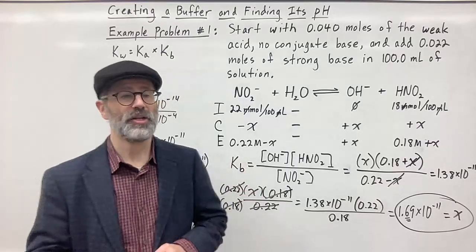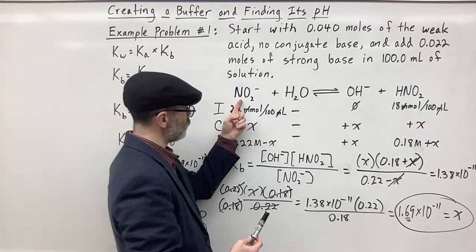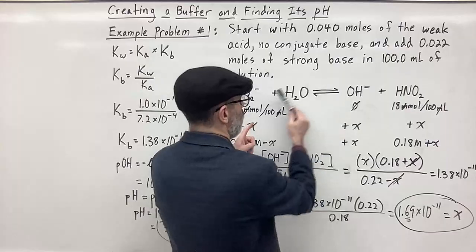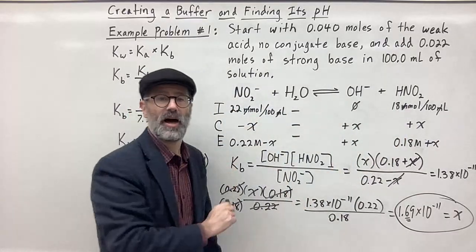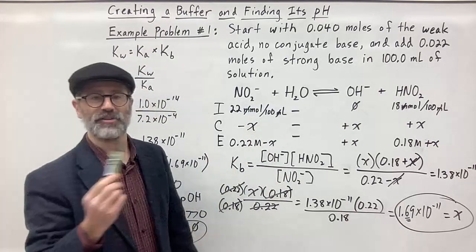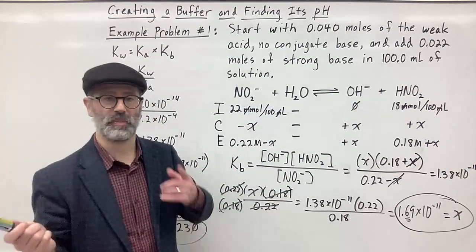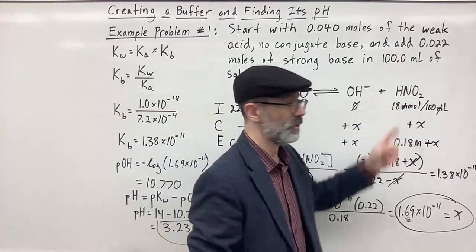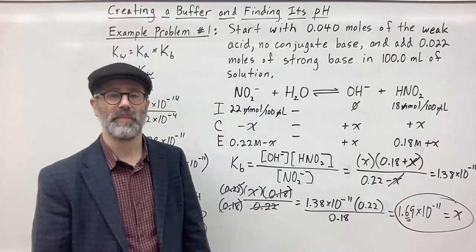Whenever you have a buffer, you're going to have the conjugate base and the weak acid. They're not going to react with each other, and you have water. So you set it up so that one of the species, either the weak acid or the conjugate base, or the weak base or the conjugate acid, depending on the reaction, is going to react with water to produce the other conjugate, and whatever other species makes sense.